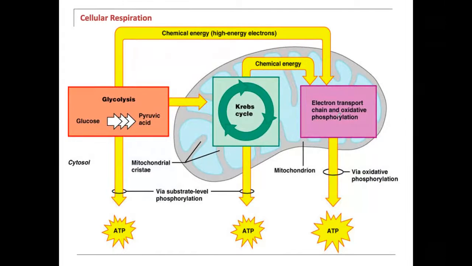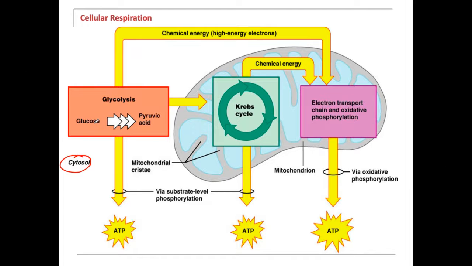Now let me show you glycolysis and the Krebs cycle. So in the cell, we have mitochondria. That's what this large thing here is, the mitochondria. And the mitochondria is surrounded by all the other organelles like the nucleus and the Golgi apparatus, and it's in the cytosol.